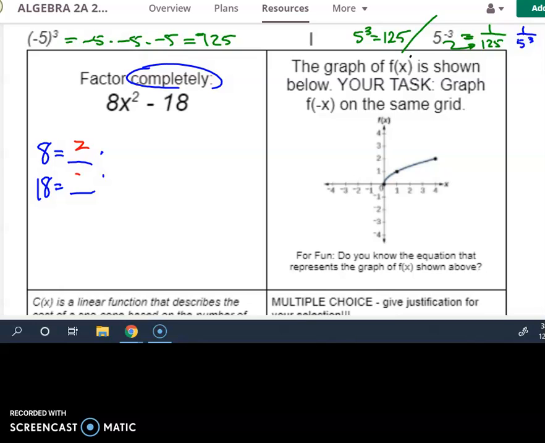And that would be 2. And then what's left is 4 and 9. And so when I rewrite the expression 8x squared minus 18, I'm going to remove the factor of 2. And what's going to be left is 4x squared, because again, I'm replacing the 8 with the 4, minus 9, and replacing the 18 with the 9 since I'm removing the factor of 2.